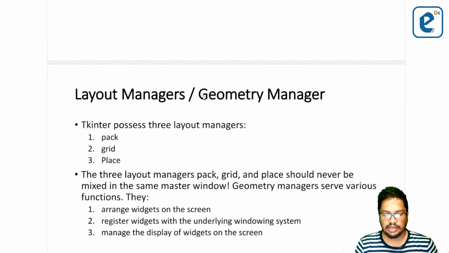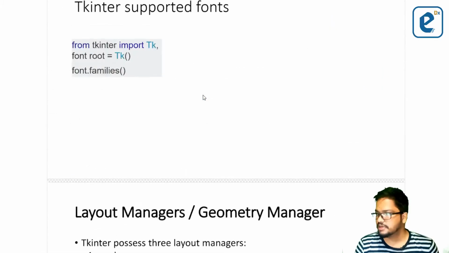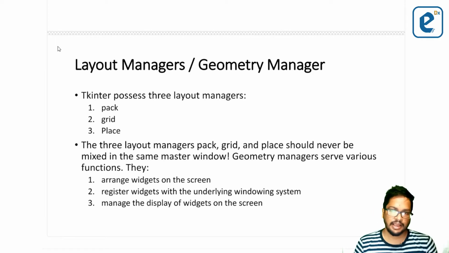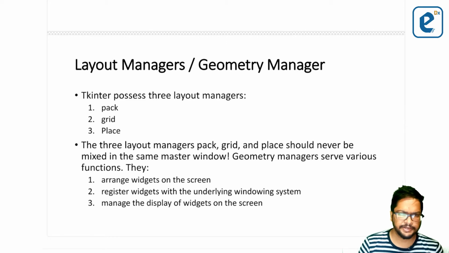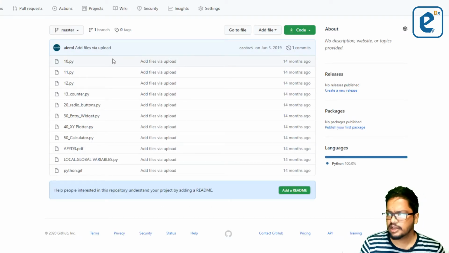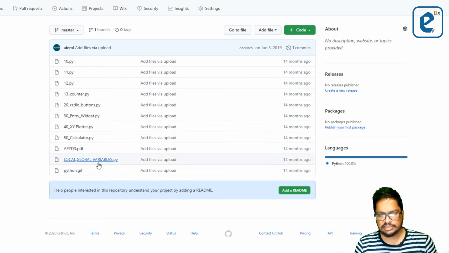I will use them, and we have similar things to discuss. I will discuss them when I build up the Tkinter graphical user interface for my application today, right? And as I mentioned, I will provide you this GitHub link where I have included several examples of Tkinter.